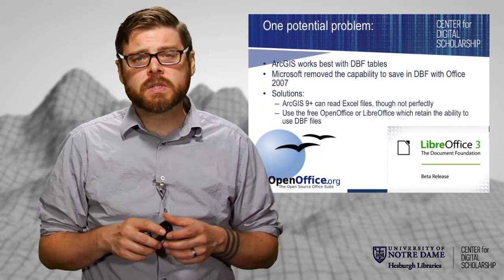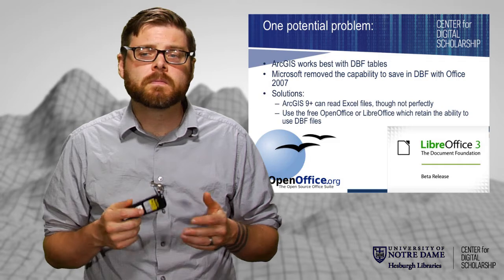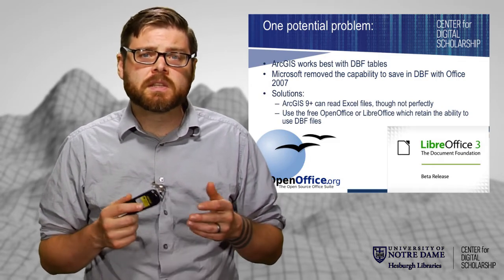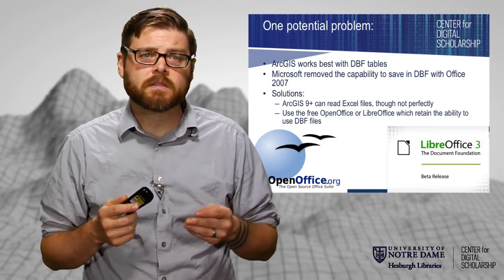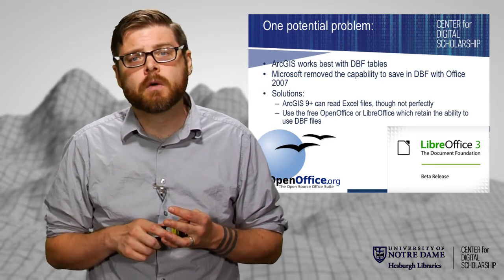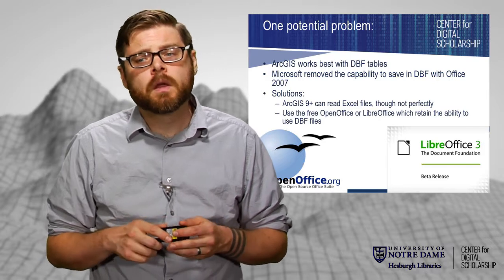Now I mentioned that this was an older file format, and from that comes a not insignificant problem, and that is that the DBF file format is an older one, and because of that, Microsoft Excel has removed the ability to read and write these files without having some plugins installed.